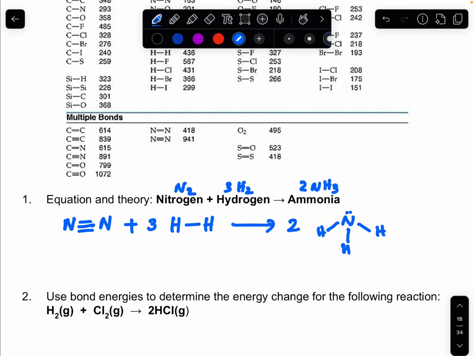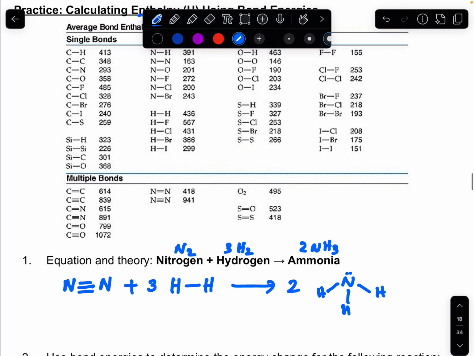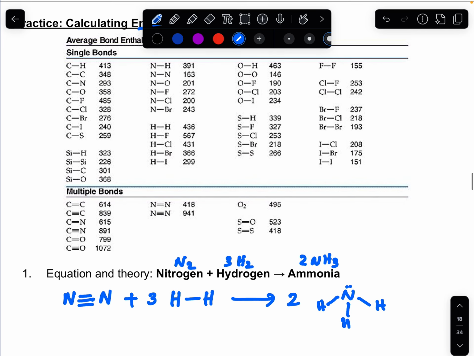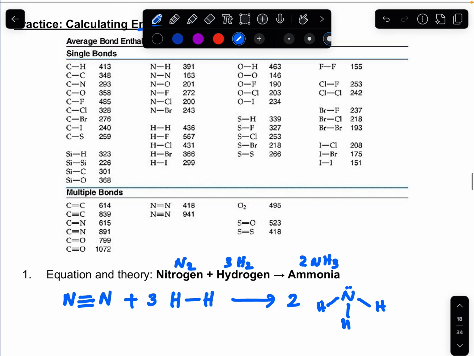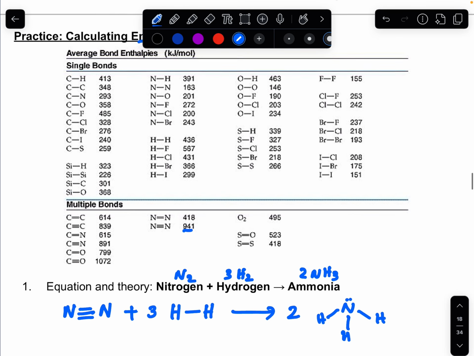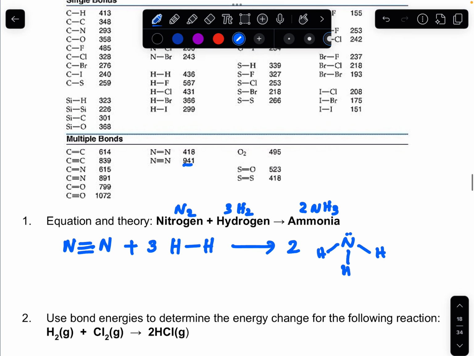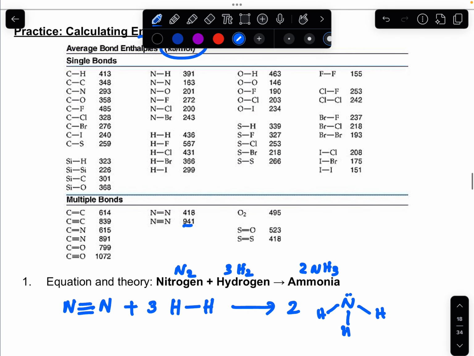Now we have to find the enthalpy. We know that the enthalpy change is equal to the bond energy of the reactants minus the bond energy of the products. Let's find the N triple bond N value from the table. It says N triple bond N is 941, and all these values are in kilojoules per mole because it is talking about only 1 mole.